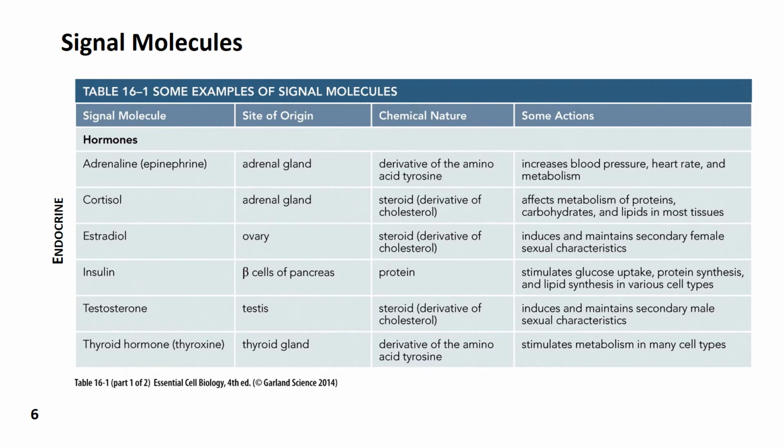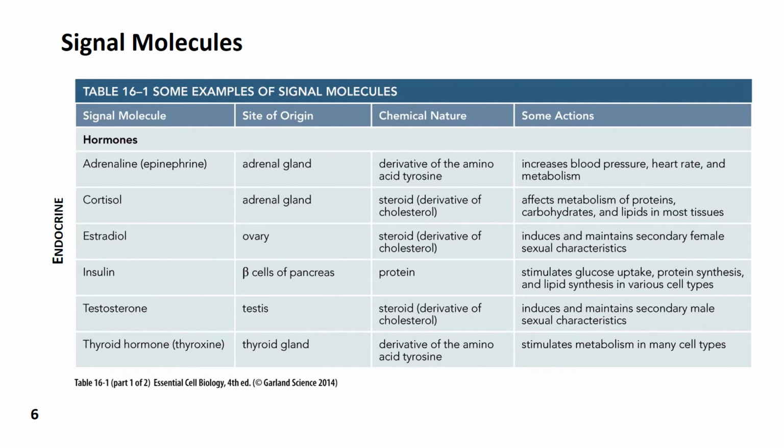Here are some examples of signaling molecules. Those shown in this table are endocrine signaling molecules. You'll note that some of these endocrine signaling molecules are steroid hormones like cortisol and estradiol.